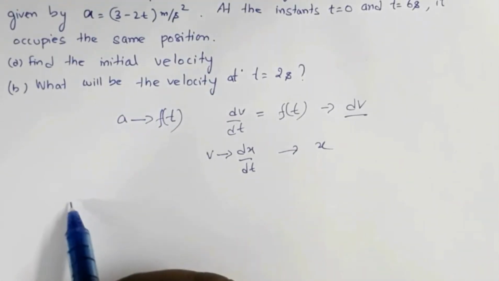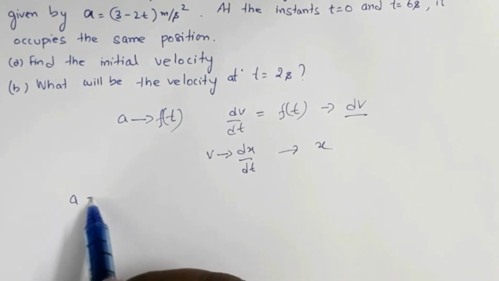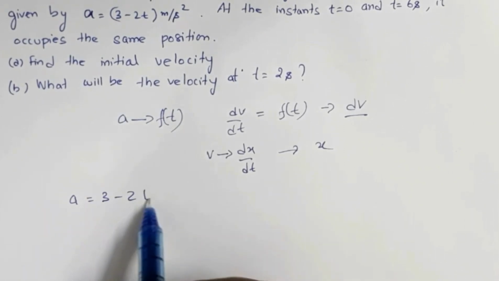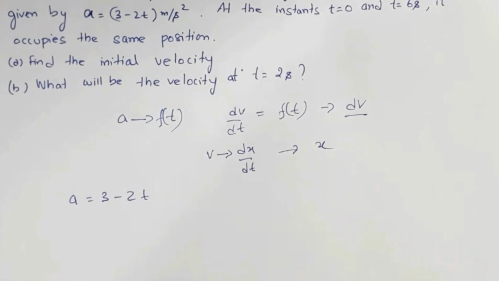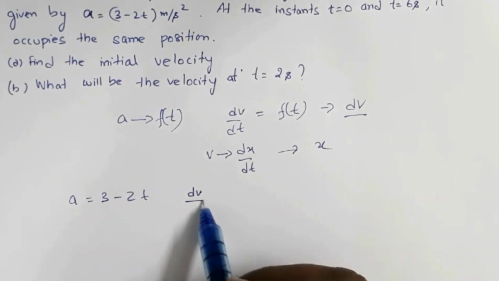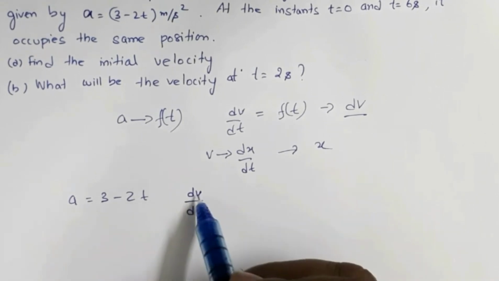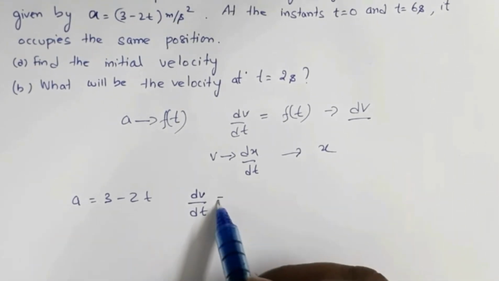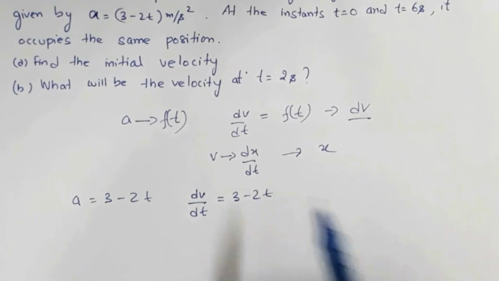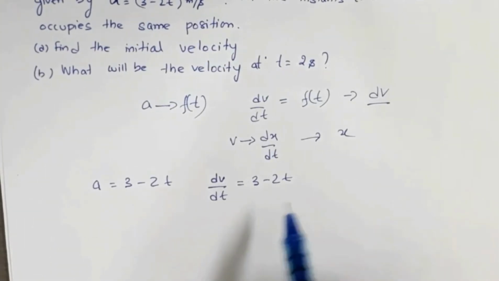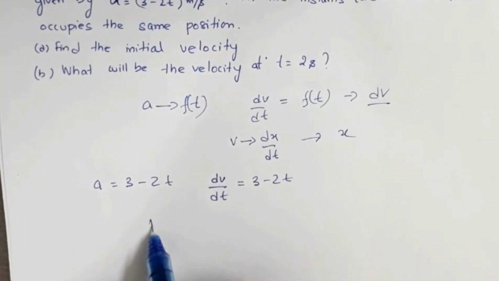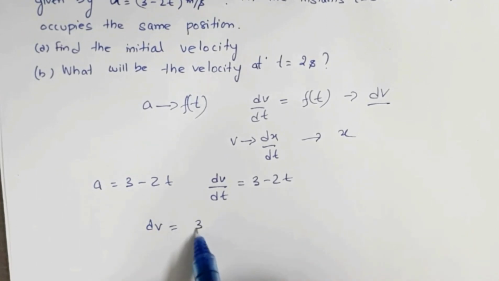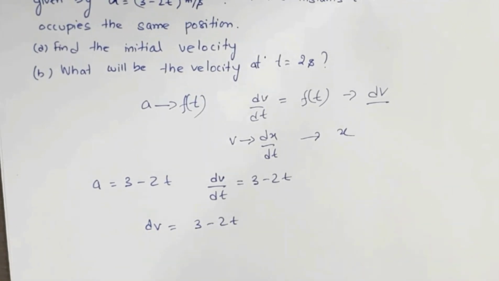First of all, we have acceleration given to be 3 minus 2t. So acceleration is a function of time. Now acceleration can be written as dv by dt. So dv by dt is equal to 3 minus 2t. Now this can be written as dv equal to (3 minus 2t) dt.